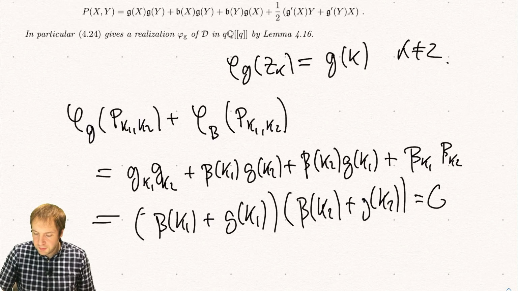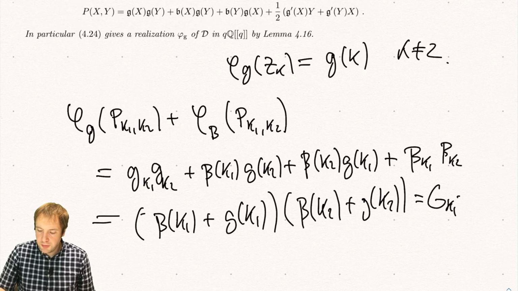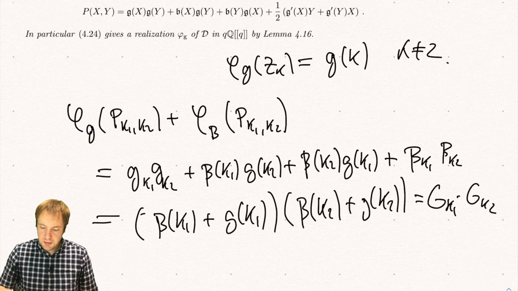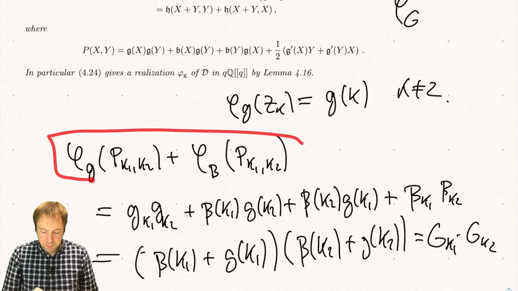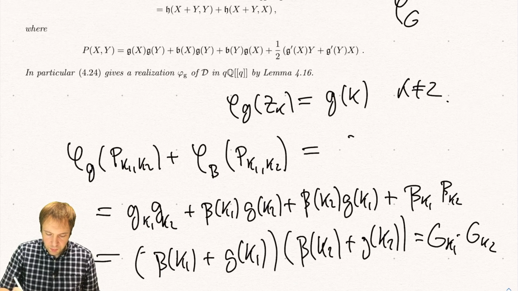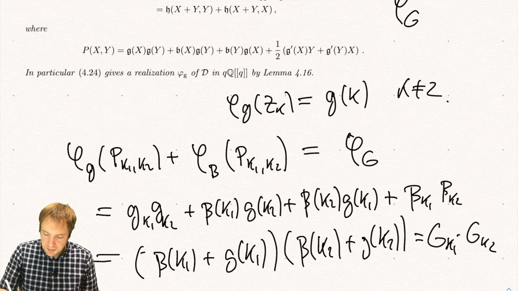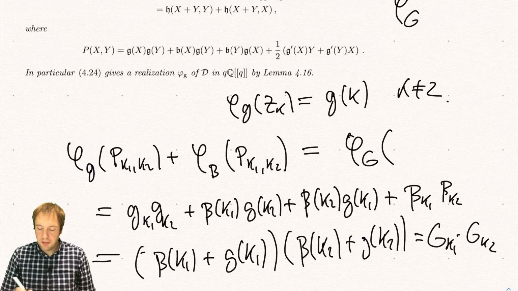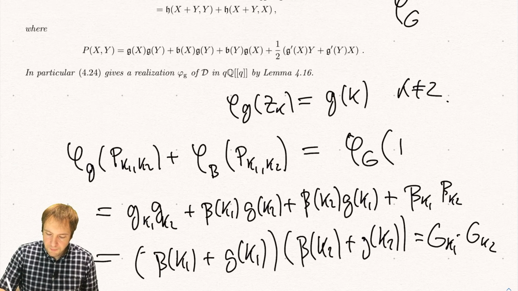So in other words, this is just a product of the Eisenstein series g k1 times g k2. And therefore, and this will be what we define in a second, the realization phi capital G of p k1, k2.